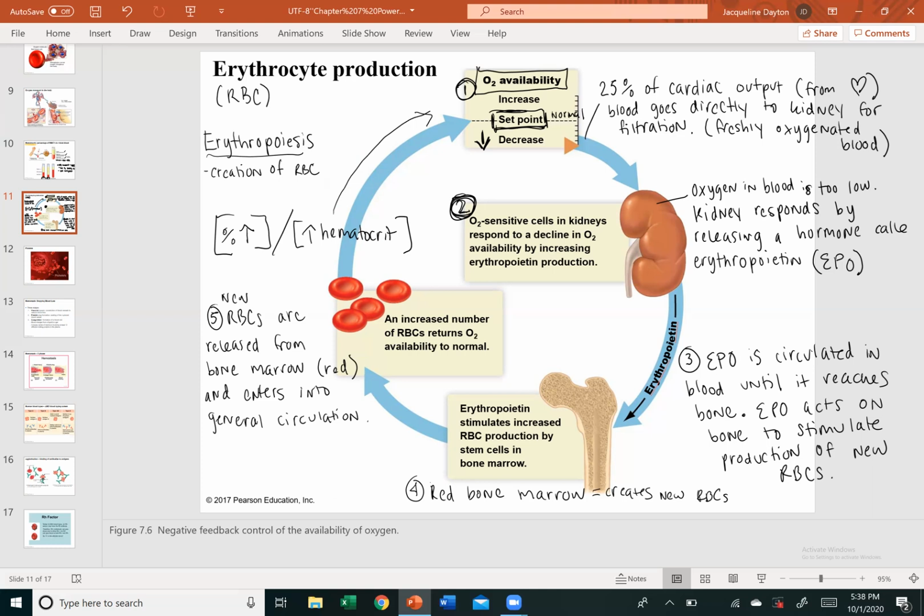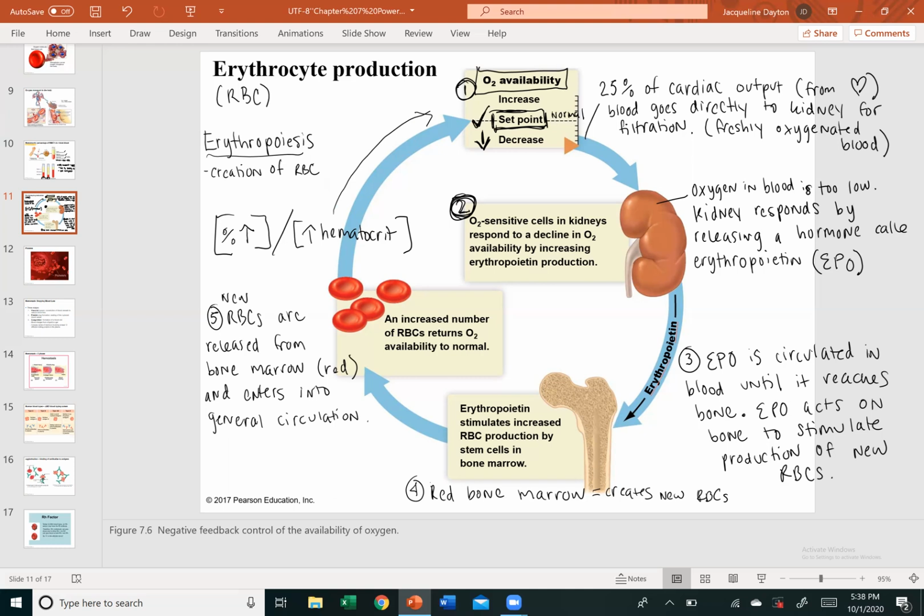So this constant up and down is you maintaining where you're comfortable, your homeostasis, your norm, okay? So this is the same idea here. If the oxygen level starts to go down too low, all right, that is going to kickstart this entire process, which will then help elevate or bring the oxygen back up to your normal or to your set point, okay?